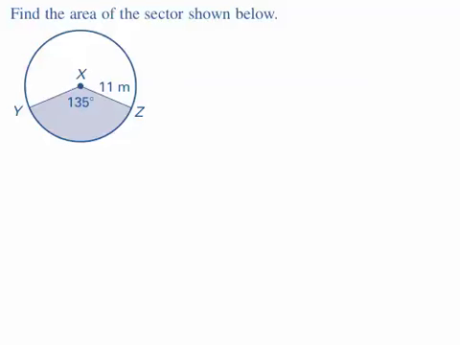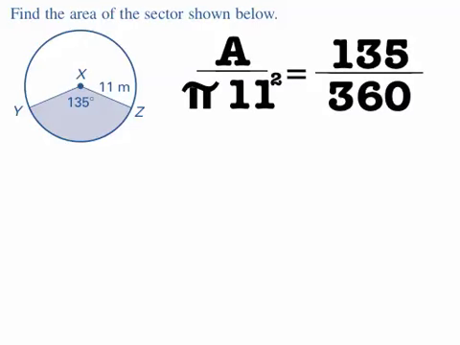So we can plug in what we know to the proportion, and we can say capital A, remember that represents the area of the sector, over pi times 11 squared, because the radius is 11, equals 135 over 360, because this intercepted arc is 135 degrees.